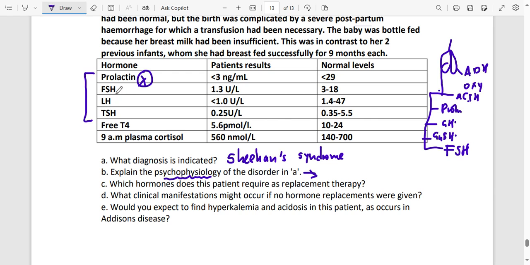But for the others, like follicle stimulating hormone, you can replace them. The thyroid hormones can be replaced. By the way, when we replace thyroid hormones, you are going to use what is known as levothyroxine. And then you can as well replace the sex hormones.